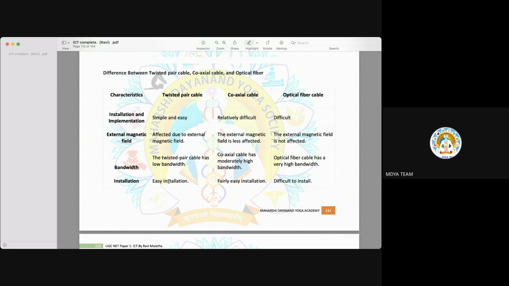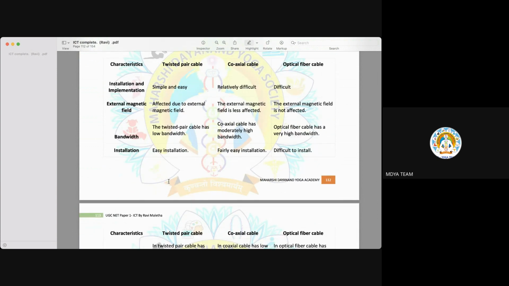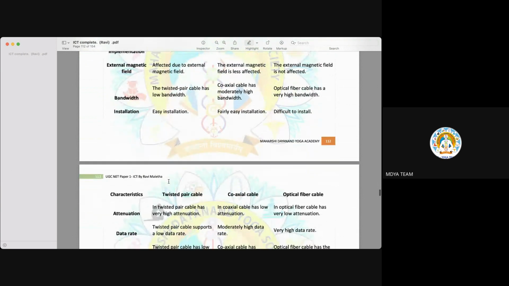And optical fiber cable is difficult to install, because to connect two optical fiber cables you need special devices which are very costly, and to align the two cables, the alignment is very difficult. So very high precision is required, and the devices which have to be used are very, very costly.